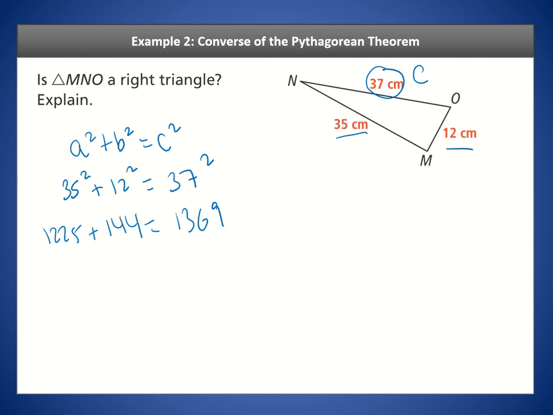Then if we add these together, 1225 plus 144, you actually get the same thing on both sides. So this is true, you get 1369, and therefore we can say that this is indeed a right triangle. And in fact, the right angle is right here.